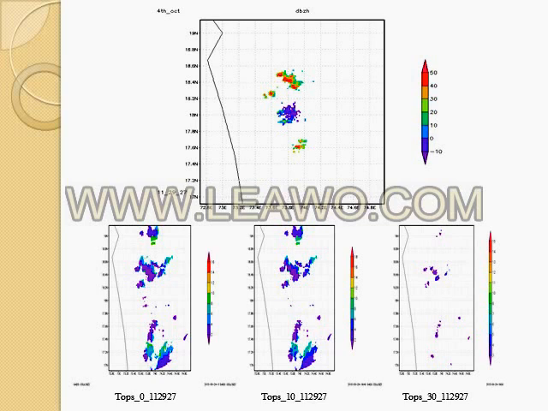Schematically, this is how convection looks in the radar data. These images are obtained using GrADS software, the Grid Analysis and Display System. For the radar data, we observe the particular date, the 4th October, at the time 11:29:27, and this is the longitude and latitude over the domain of the radar.